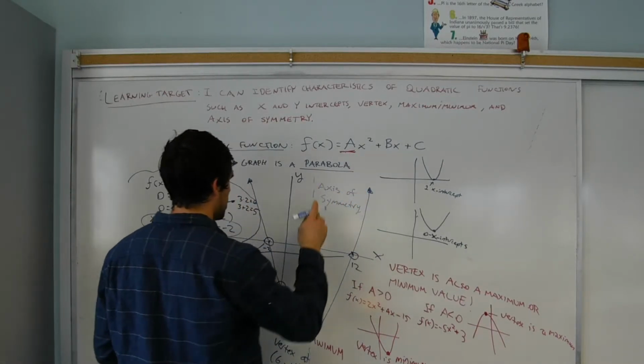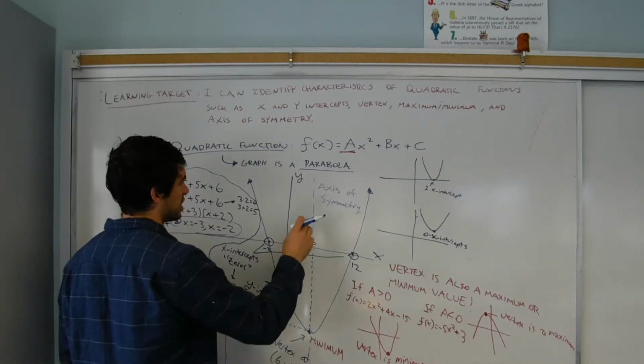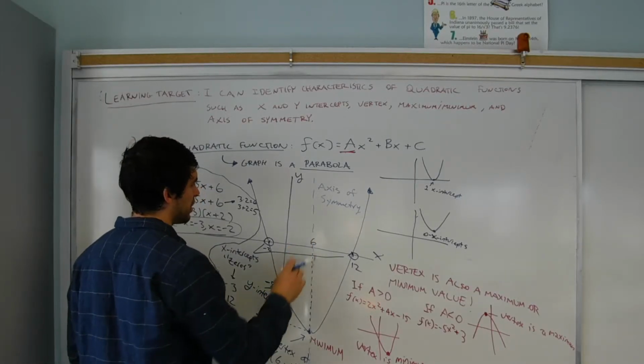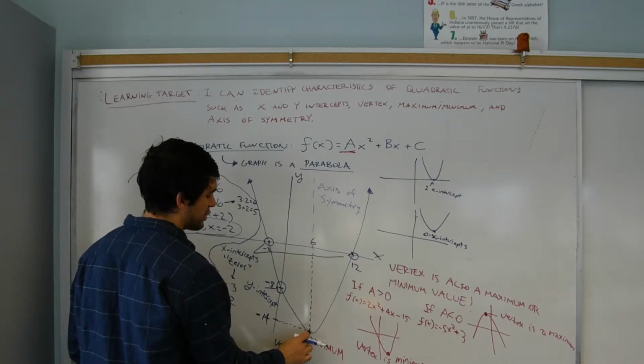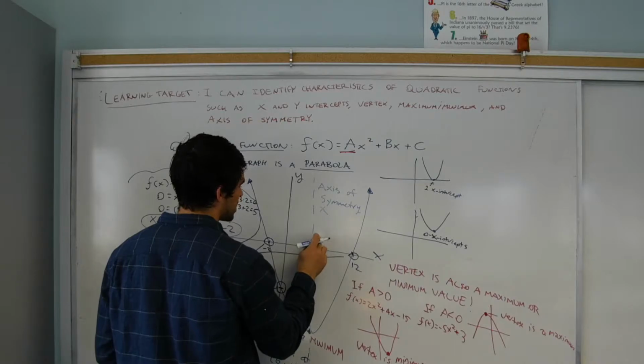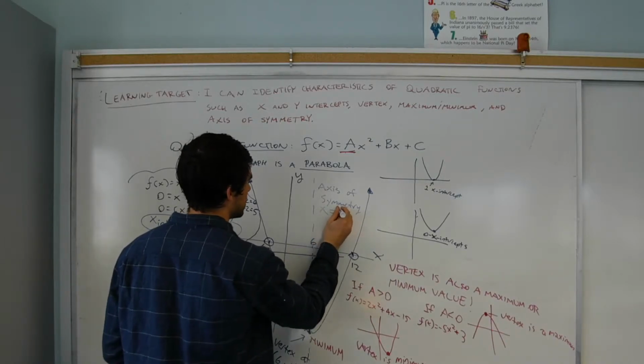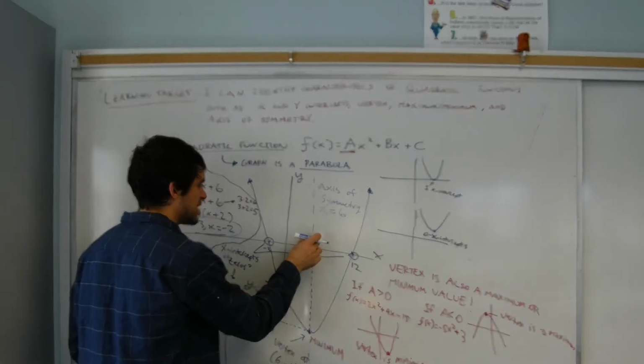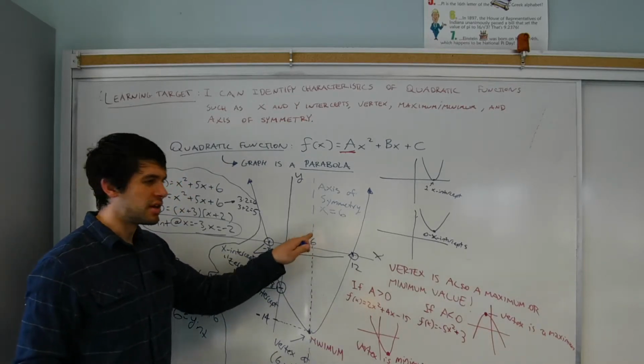So you can see, to find the axis of symmetry of a parabola, you just draw a line right down the middle going through the vertex. And in this case, our axis of symmetry would have the equation x is equal to 6. So we use the x value to define the axis of symmetry.